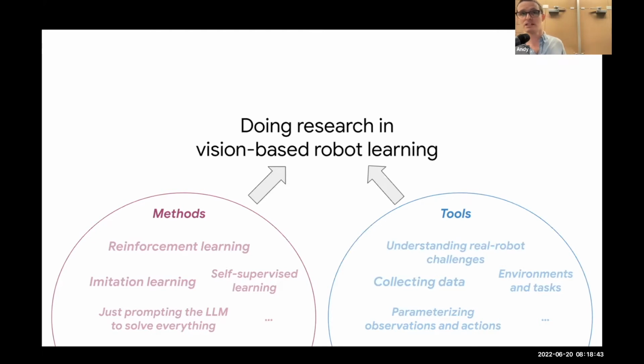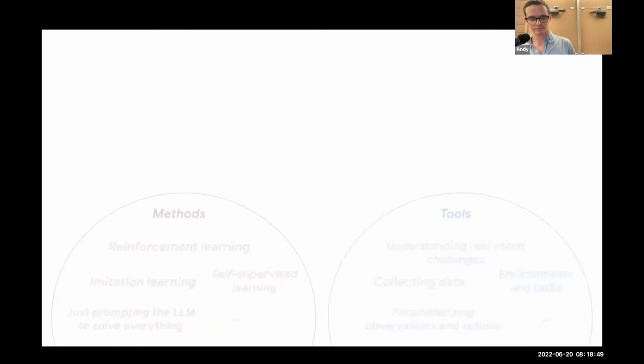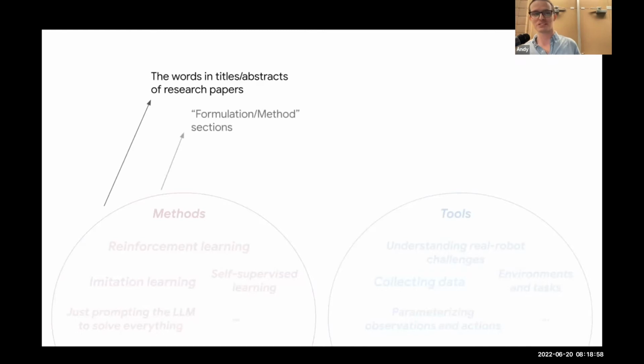Things like understanding real robot challenges, collecting data, environments, and tasks, things that are agnostic to the methods. And I think it's the methods that often get a lot of the glory, and they're the words in the titles and abstracts of research papers, and they're covered ad nauseum in your formulation and method sections, and they're the key ideas that we talk about.